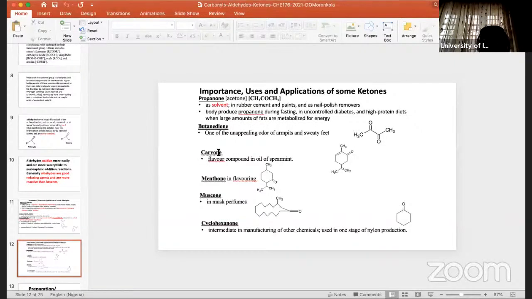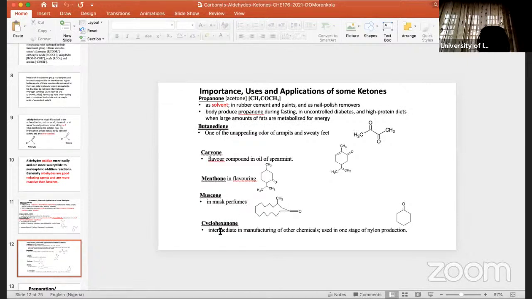Another notable ketone also is this carvone, and that's it here. It's a flavor compound found naturally occurring in the oil of spearmint. Menthone is another, also utilized in flavoring. This is wonderful. Muscone is a very important ingredient of perfumes, especially these musk perfumes.